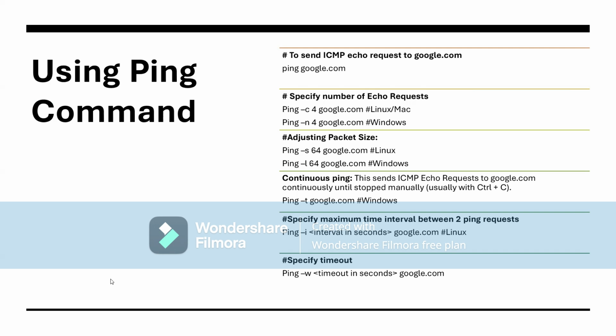If you want to set a maximum time interval between two ping requests, you can use -i when you are using Linux. And if you want to specify a timeout, you can write -w and the timeout in seconds. And this command would help you out.